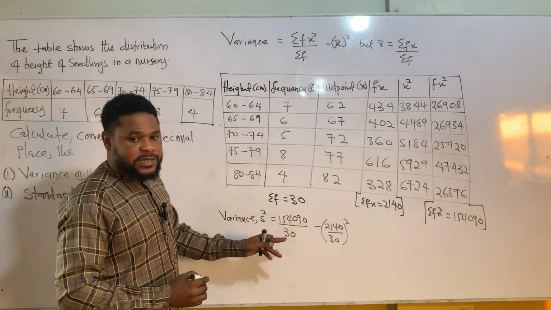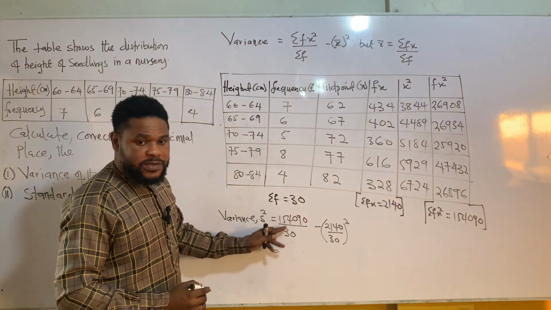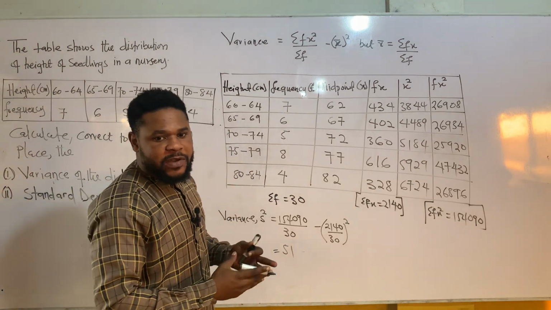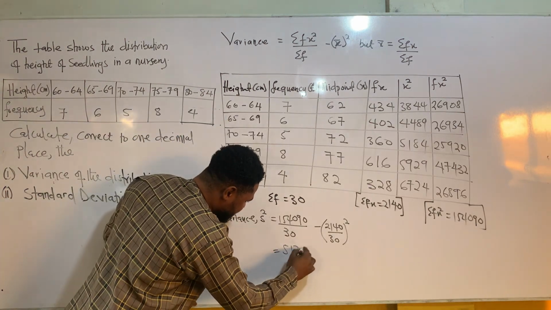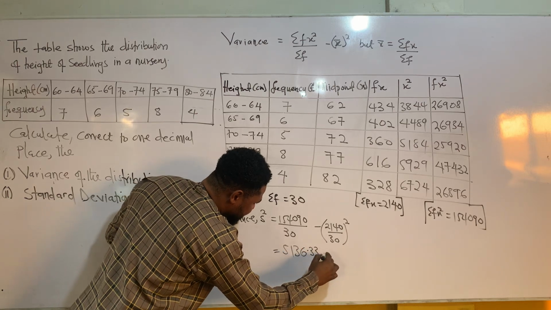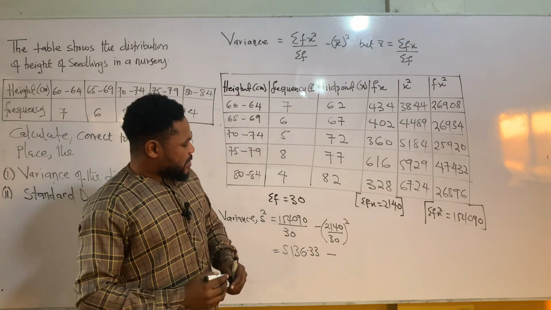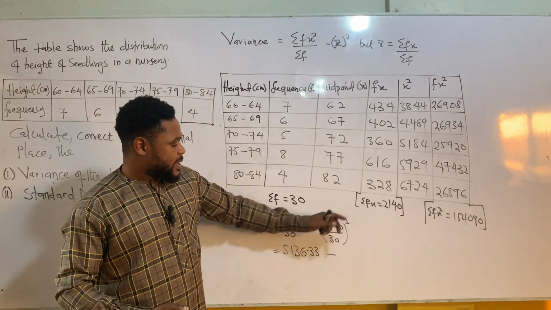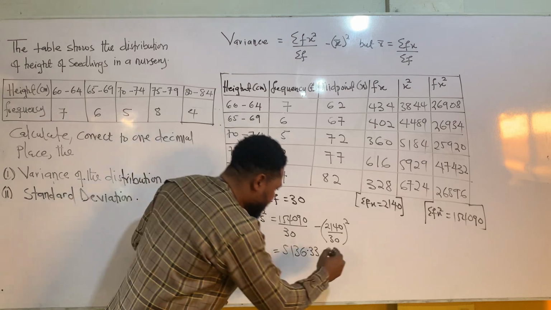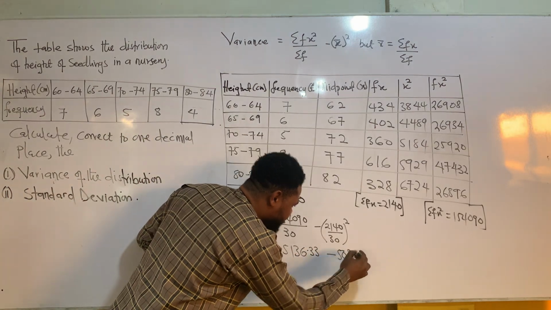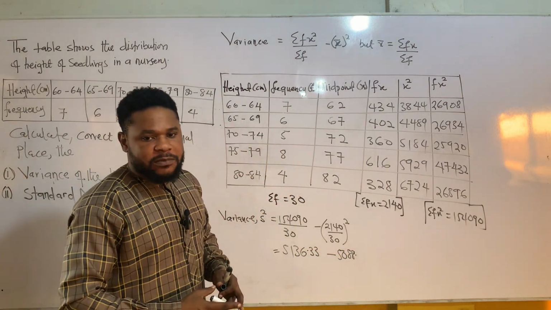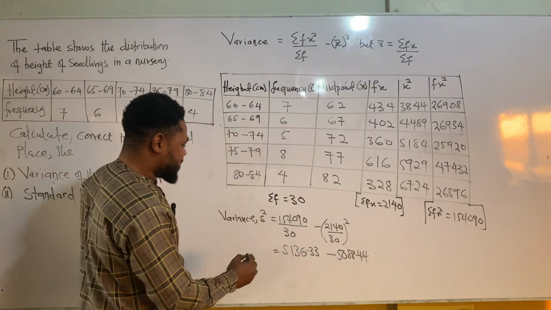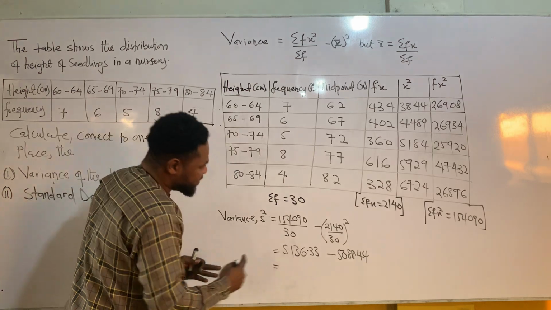Okay. So we move ahead. We are going to divide this. So when we divide this, we have 5136.33. Now we are going to divide this, all right, and square it, and that will give us 5088.44. Okay, our numbers are huge, but that's it.